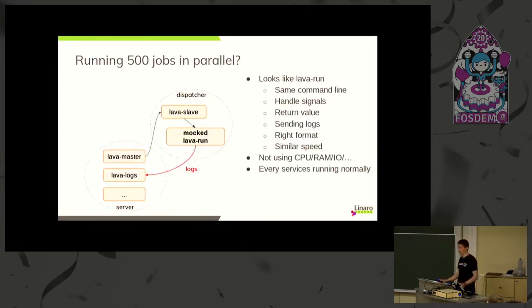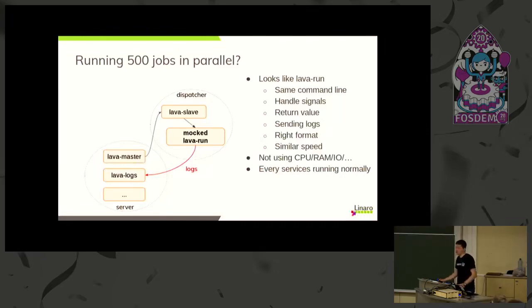So it will have the same command line. So when Lava slave will start Lava run, it won't see any difference. It will have the same signal handling, so it will respond the same way. Same for Lava slave, you won't see any difference. Same return value, it will just send the logs to Lava logs in the same format and almost the same speed. So it looks the same.